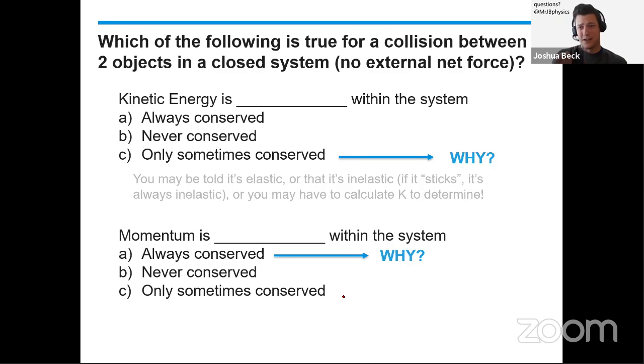If one is attached to the ground, then it may not accelerate. If one is on wheels, then it might accelerate. If the masses are different, then the accelerations might be different. Okay, but the actual collision involves one force here and then the same force here. This one feels one force, this one feels one force. Okay, so it's got to be two separate objects feeling two different forces. Those forces are the result of Newton's third law, and they will be equal and opposite.